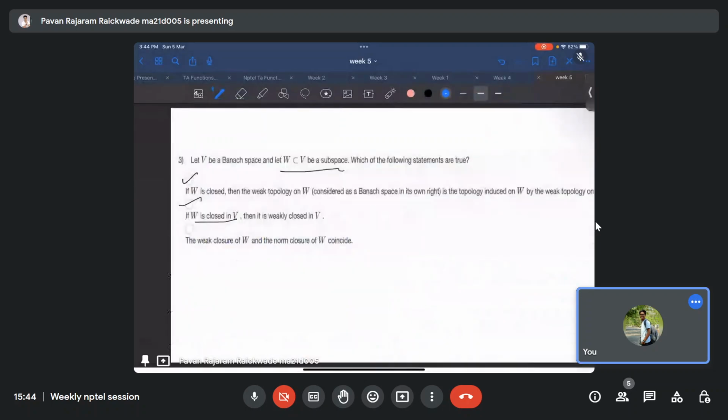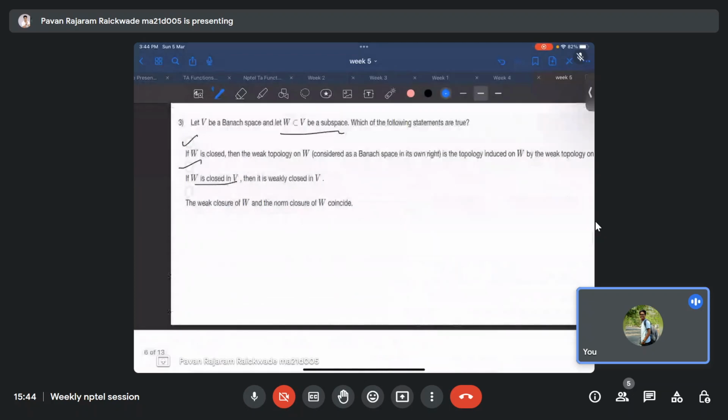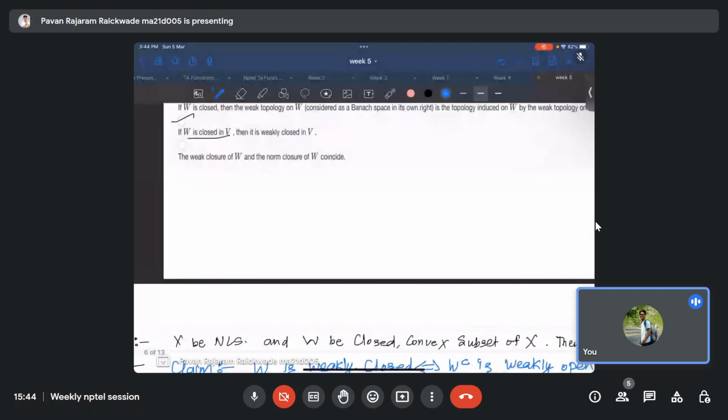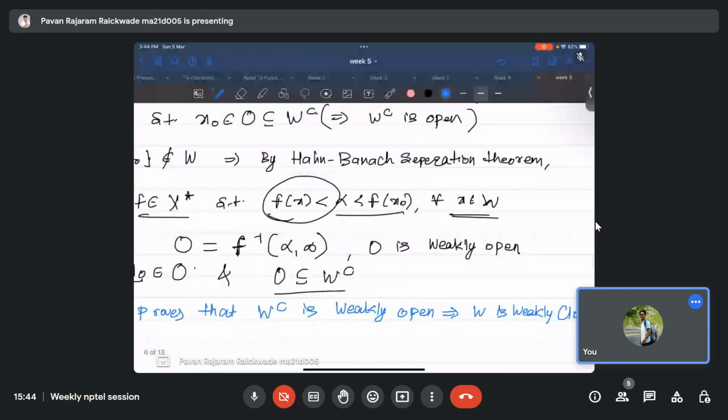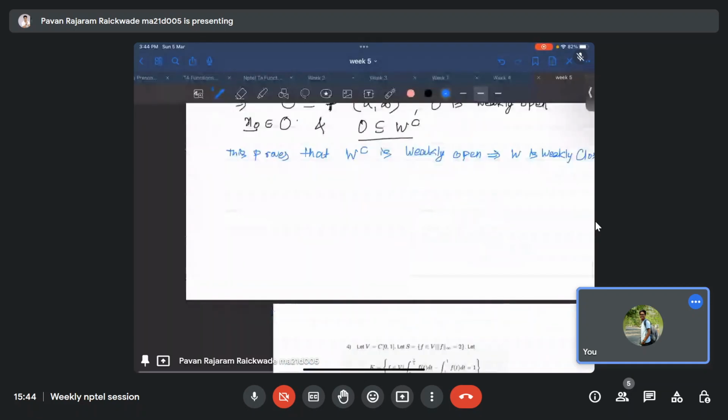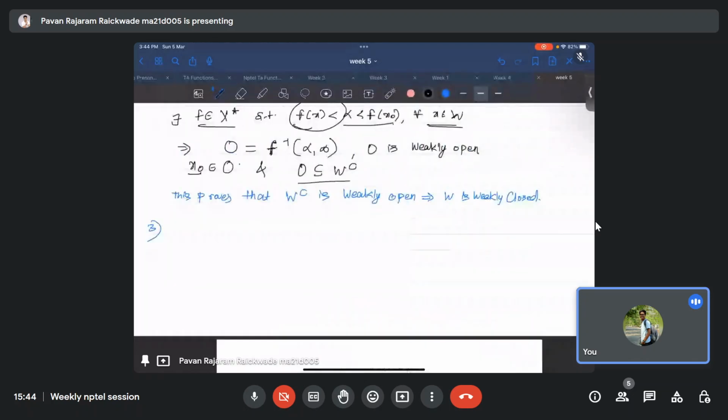Now the third option: the weak closure of W and the norm closure of W coincide.